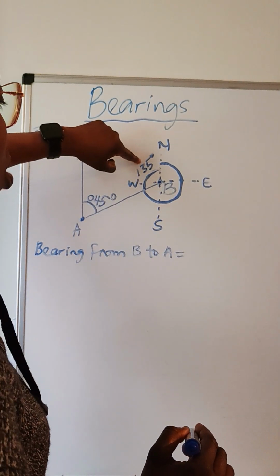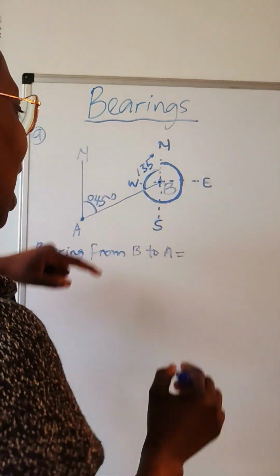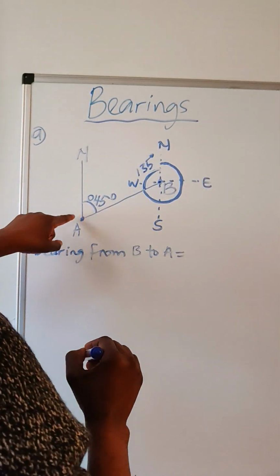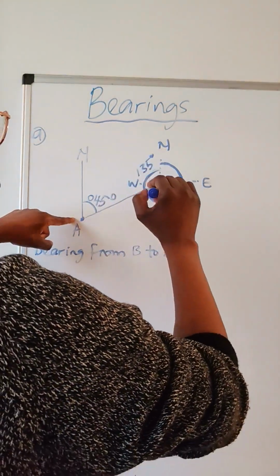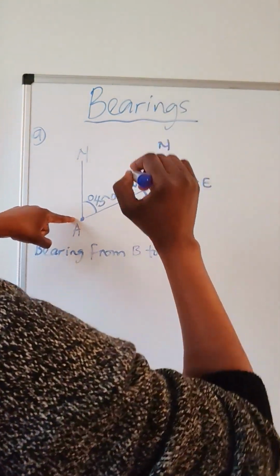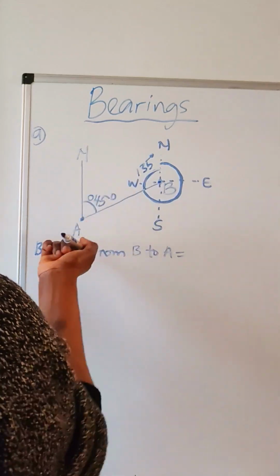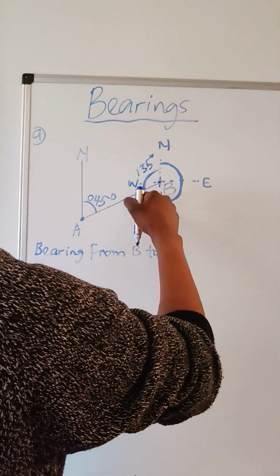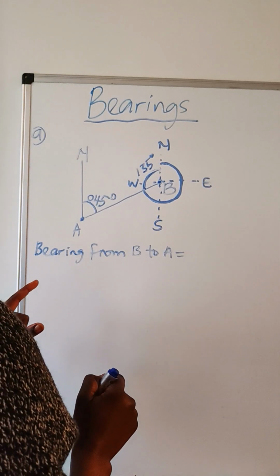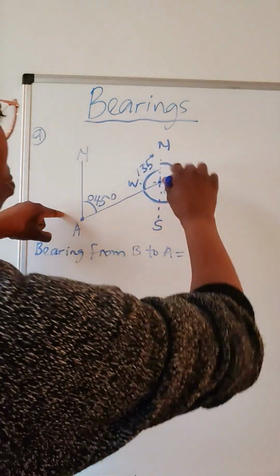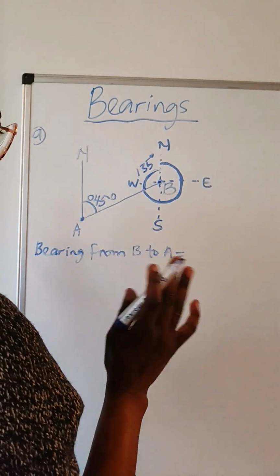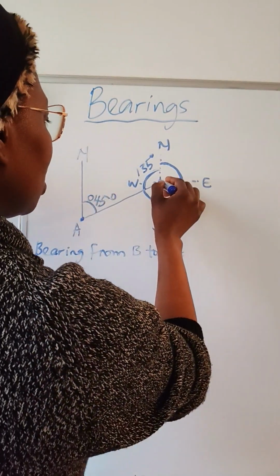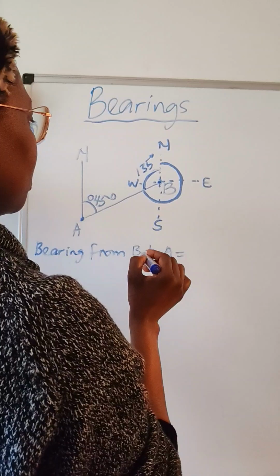So if this is 135 degrees and we are to calculate the bearing of A from B, or the bearing from B to A, or you call it the bearing of A from B, either way, it's going to be what we have here.